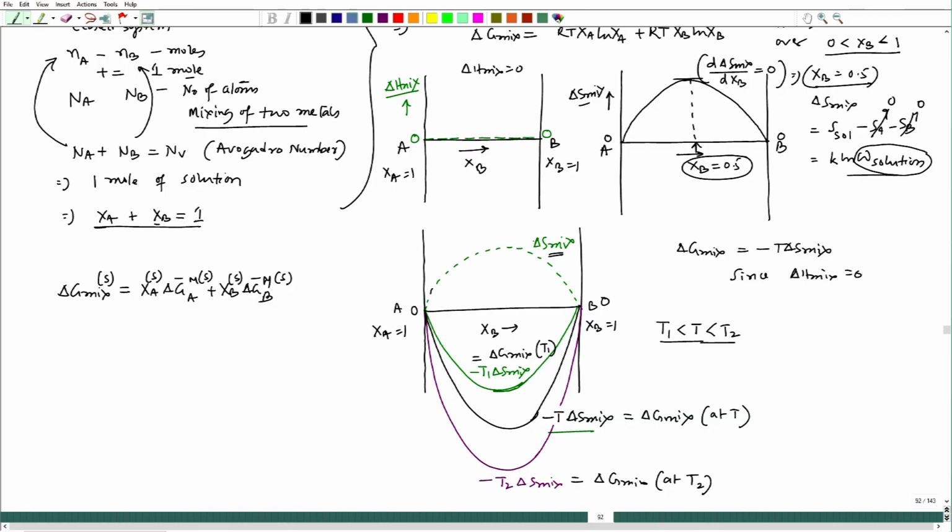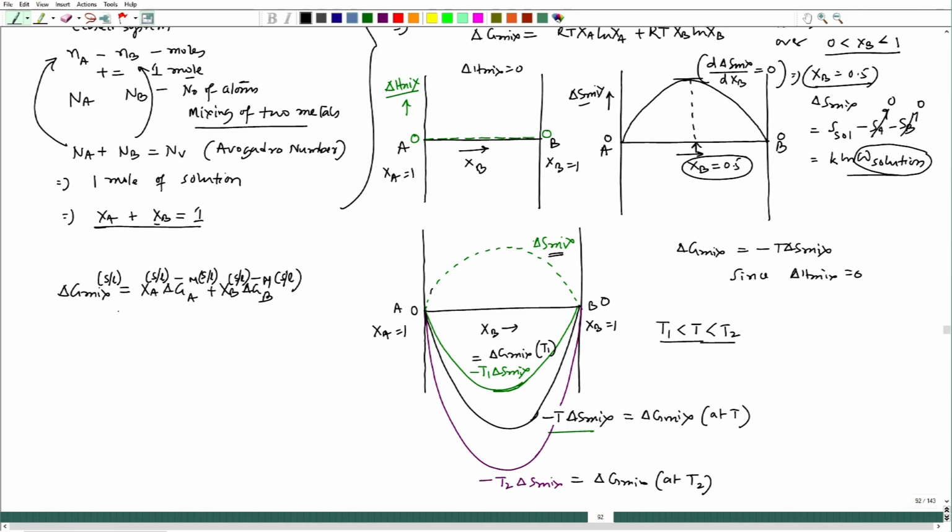Okay. S is solid solution, and if I try to calculate for a liquid solution, then every quantity would be for the liquid. Please remember this particular aspect. Whenever you write this expression, it has to be for a particular homogeneous solution.